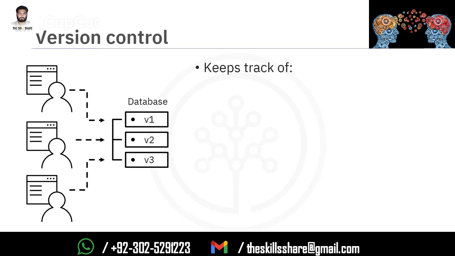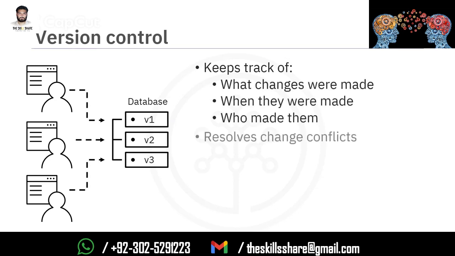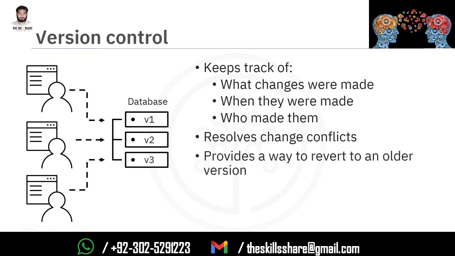Version control systems keep track of what changes were made when and by whom, and resolve any conflicts between changes. For developing your code, version control can be useful even when you are the sole contributor on a project. Properly used, it can give you a way to revert to an older version of your code if something goes wrong, and gives you some basic information about how the code developed over time.